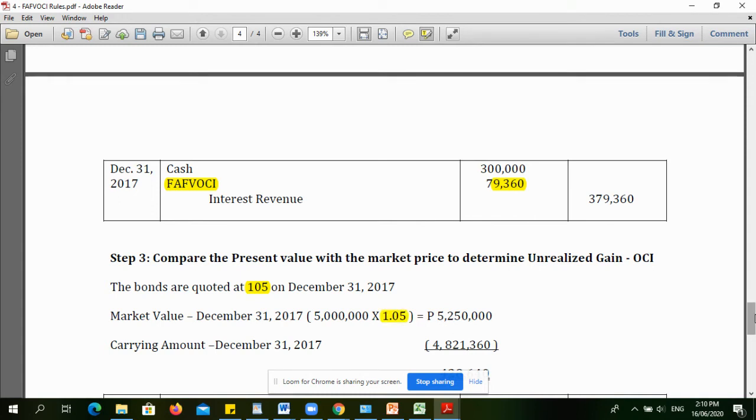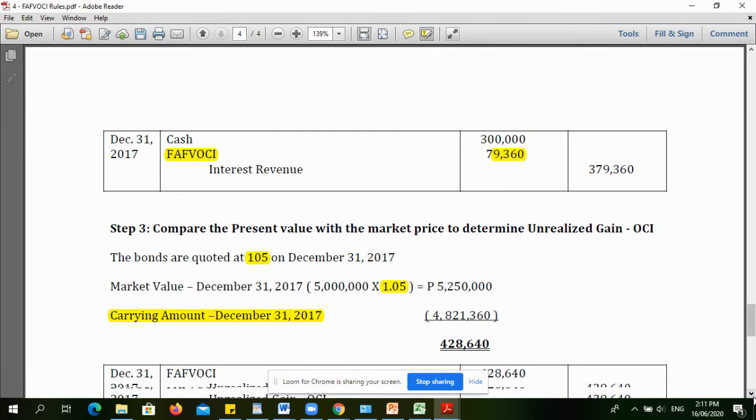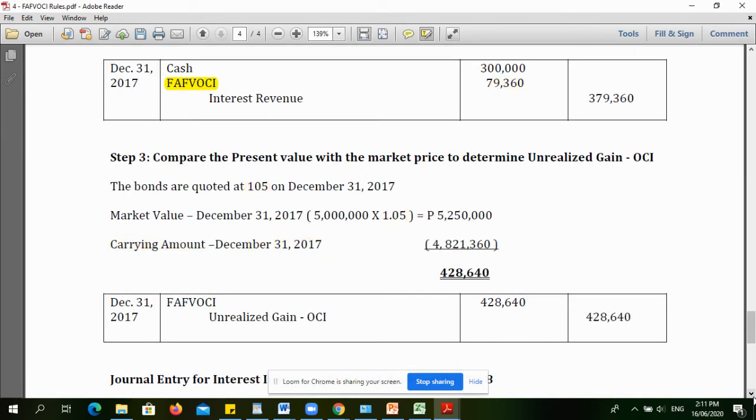And then, remember, the carrying amount as of December 31, 2017, based on the amortization table, is 4,821,360. What's the effect? The difference of the two is the unrealized gain to be recognized in OCI.